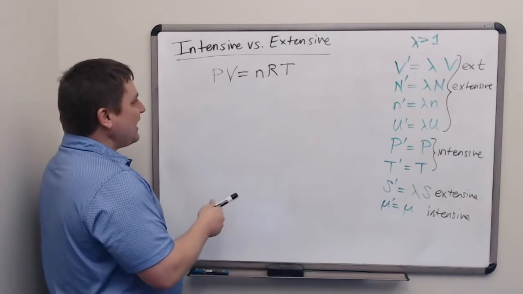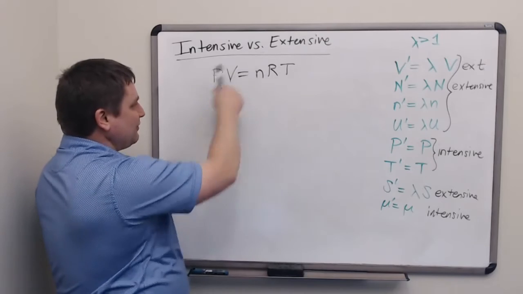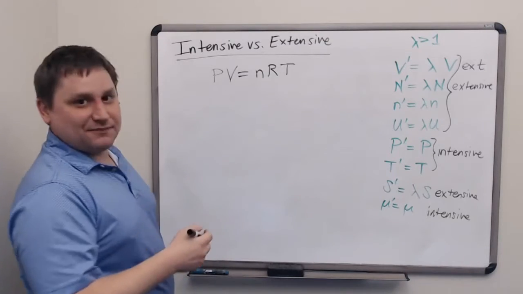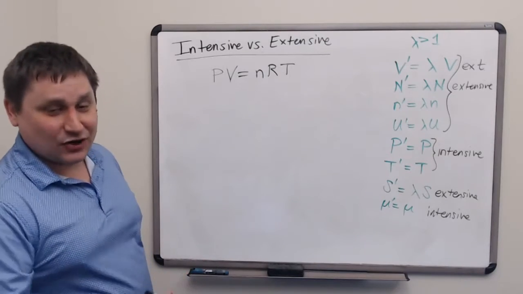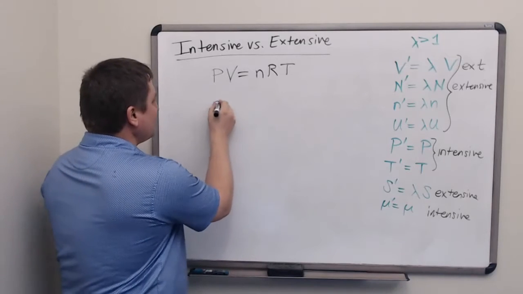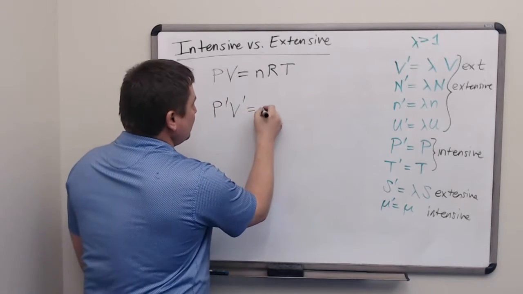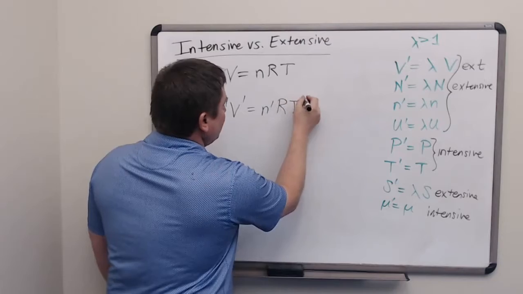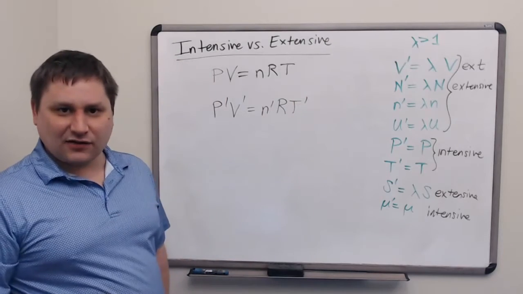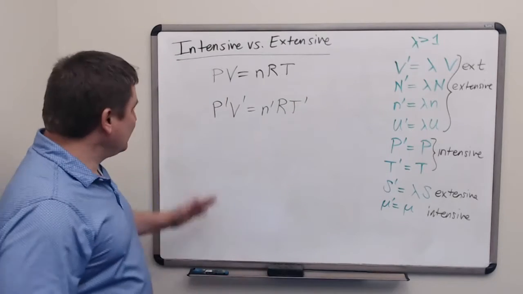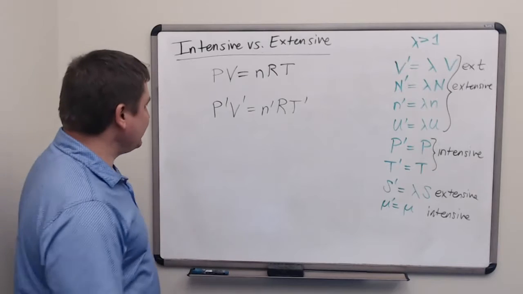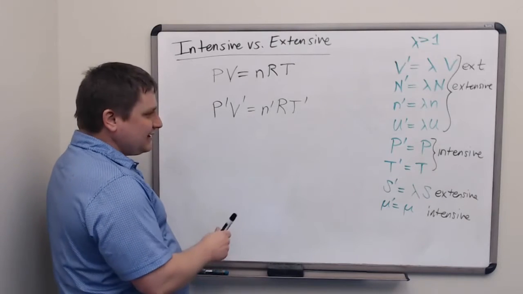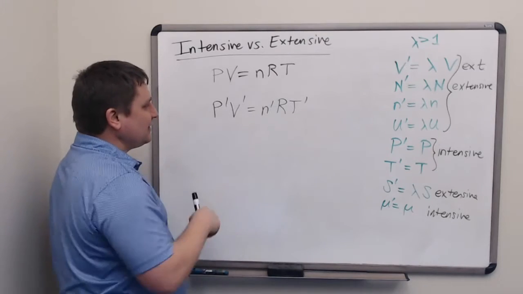If we apply the ideal gas law to our original sample, then it's PV equals nRT, no primes. If we apply the ideal gas law to our enlarged sample, we'll just throw a prime on all the quantities. And let's see if this still makes sense.